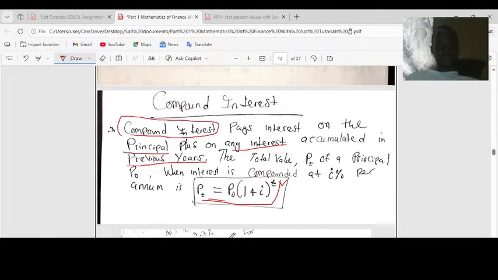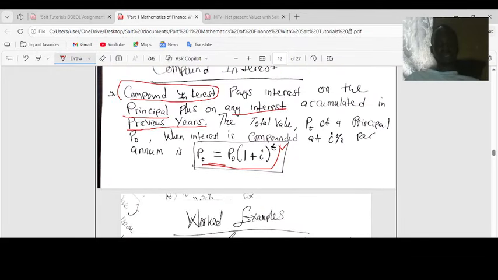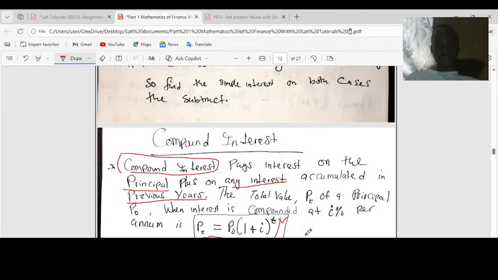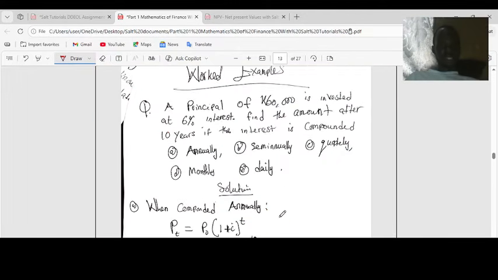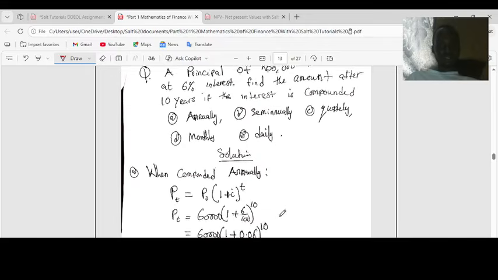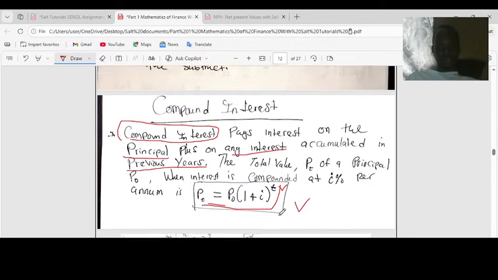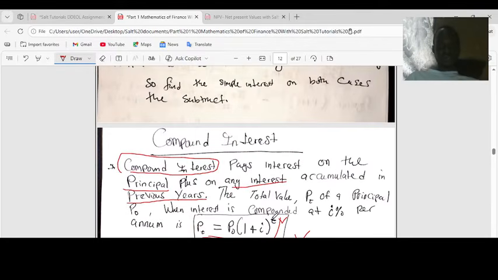I believe we have gotten that one. So now we have to understand that if this is compound interest, this is the general formula. But this interest can be compounded several times. So in a year, how many times are you compounding that interest? If interest is compounded annually, it means you are just adding interest every year.